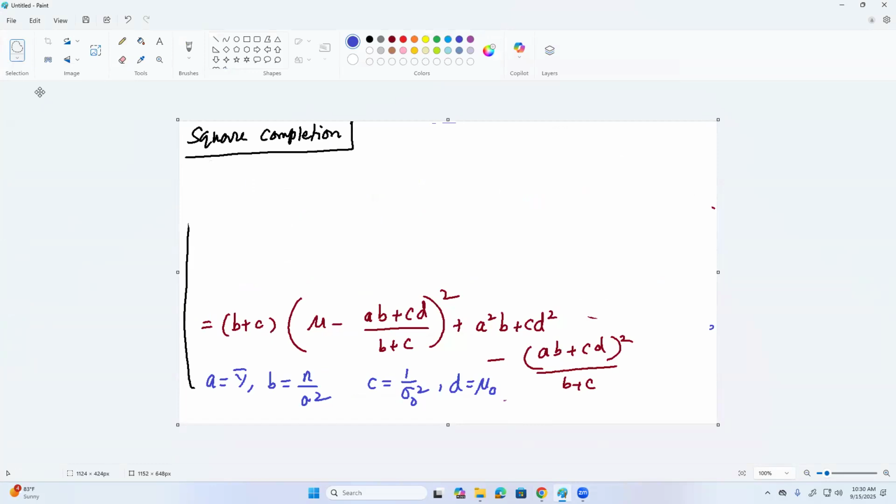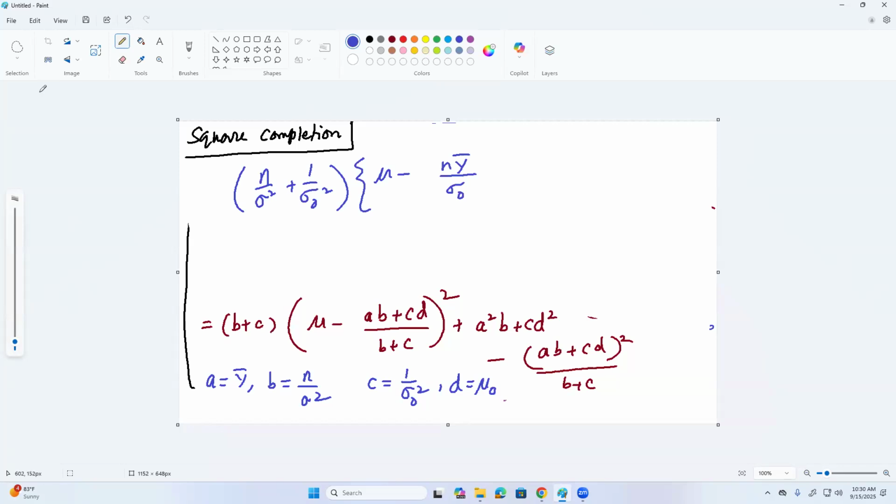So after our square completion, if I plug in a, b, c, and d in this expression, then we get n over sigma square plus 1 over sigma 0 square, then mu minus (a times b, which is n y bar over sigma square, and c times d, which is mu 0 over sigma 0 square).